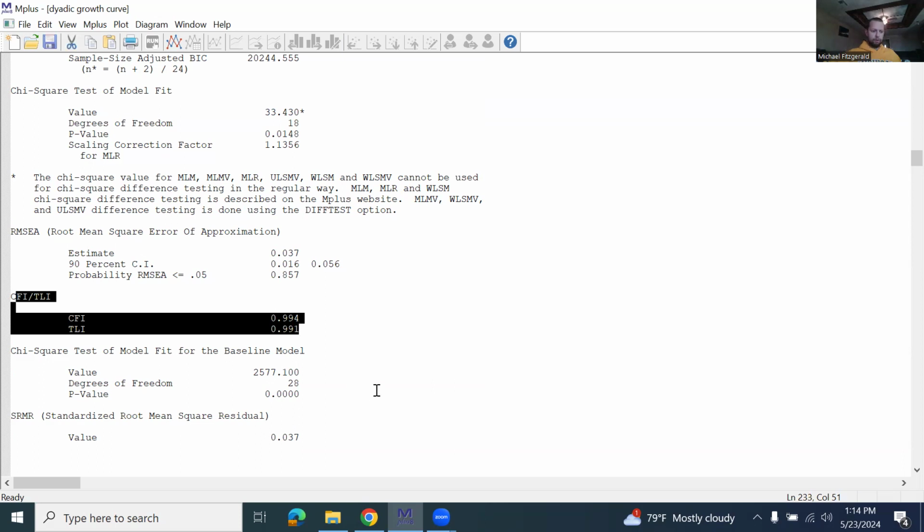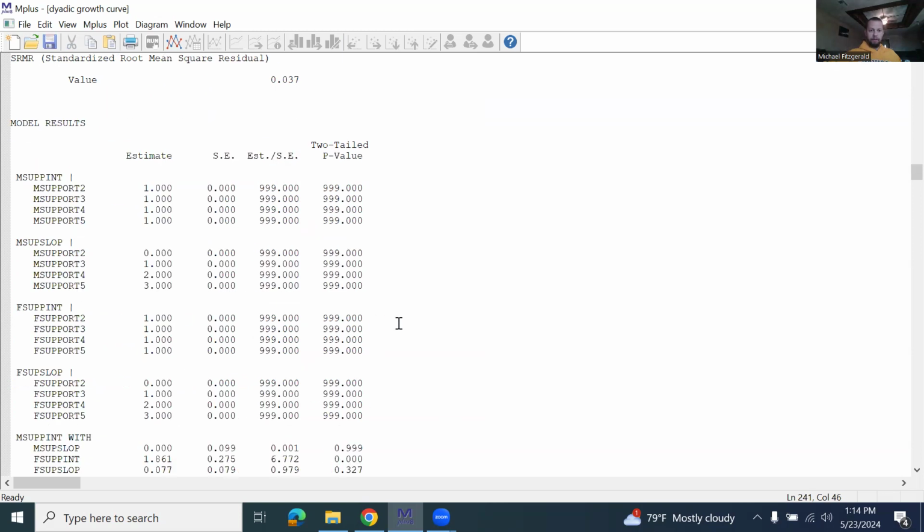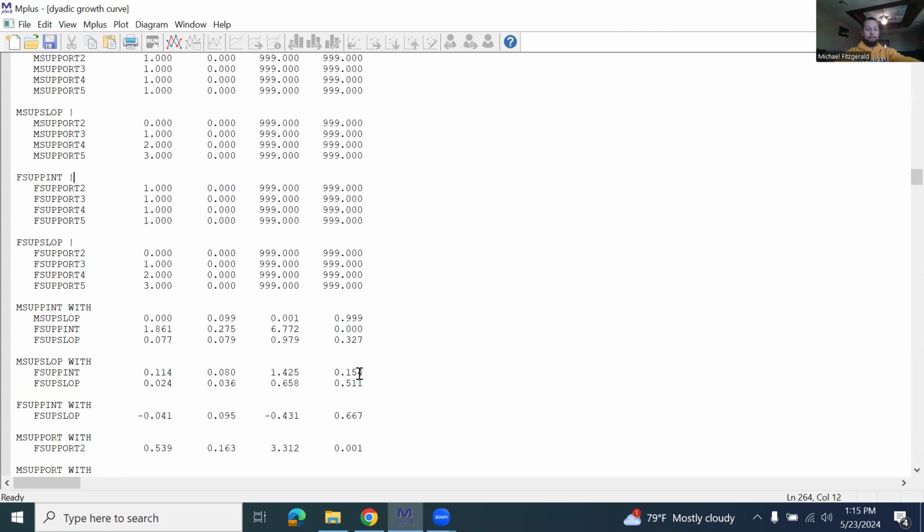So again, generally, those are going to be accepted cutoffs. And then our SRMR is 0.037. Again, everything is looking good. And all things considered, we have a really strong model data fit, which you tend to have in dyadic data anyways, because everything is going to be correlated in some way, shape, and form, either through a covariance or a regression coefficient. So you tend to get a lot of really strong model data fit within dyadic research.